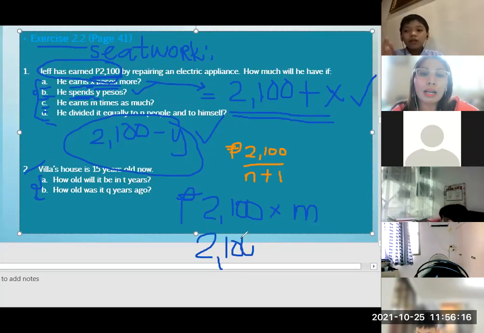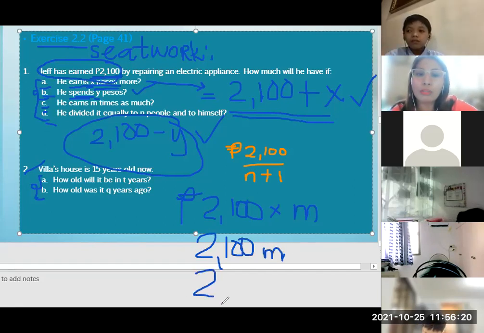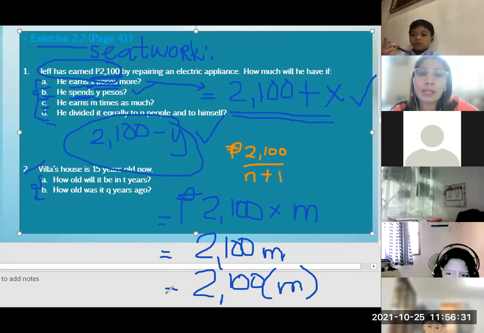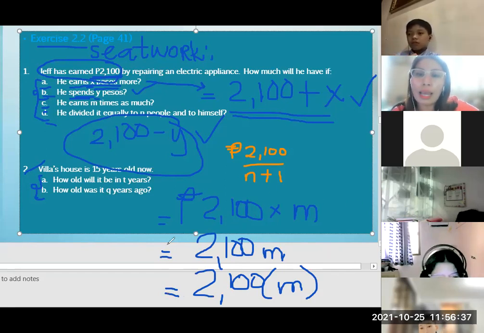Or it can be 2,100 M, or 2,100 open parenthesis M and then close. So any of these, please check your answer if you answered any of these three possible answers.